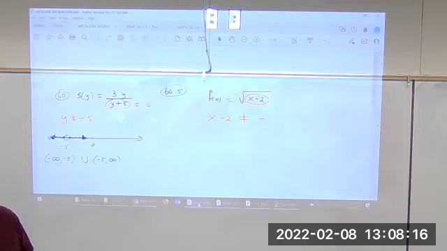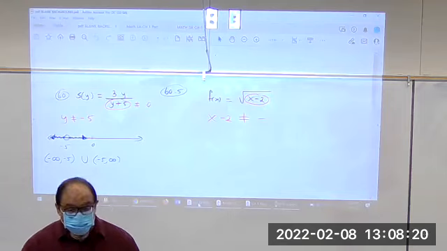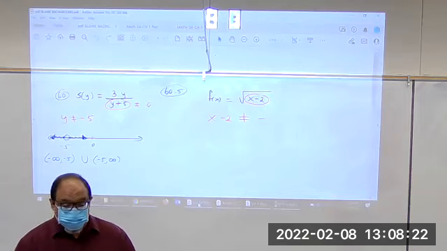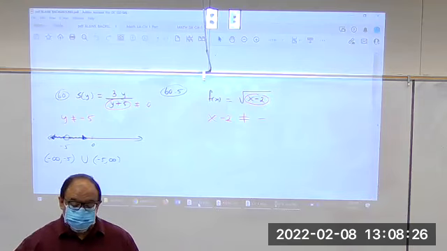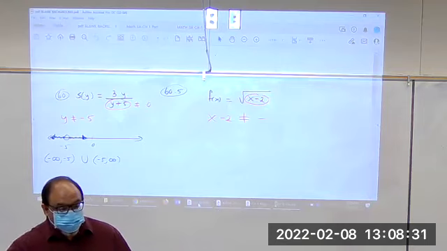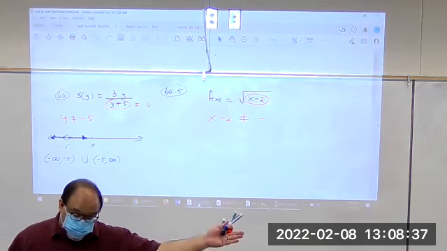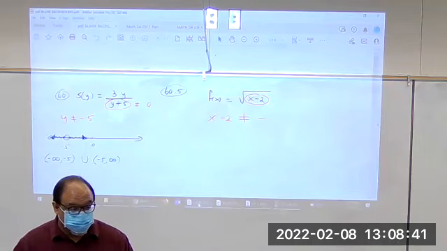This is where mathematicians write it as non-negative. I remember when I teach calculus almost every semester, students would say, why don't they just say positive? Well, positive doesn't include 0.